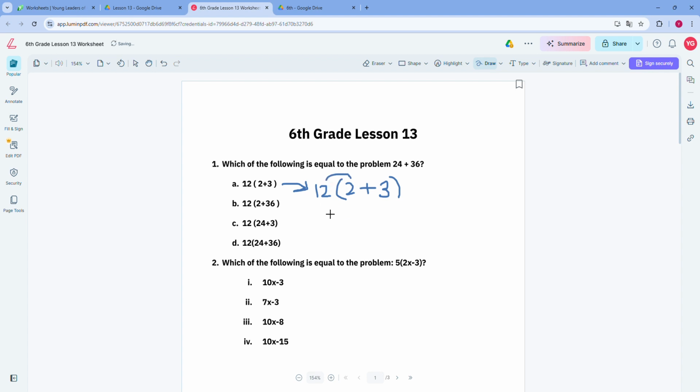So you would do 12 times 2, which is 24, plus, since 12 times 3 is just plus 36, not minus 36, and that gives us our answer, so that means it's A.